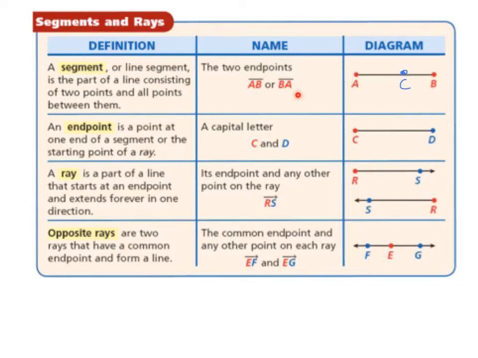And when I name a line segment, I don't want to put a double-headed arrow on top. I want to just put a line with no arrows, and that represents that it's a line segment instead of a line.